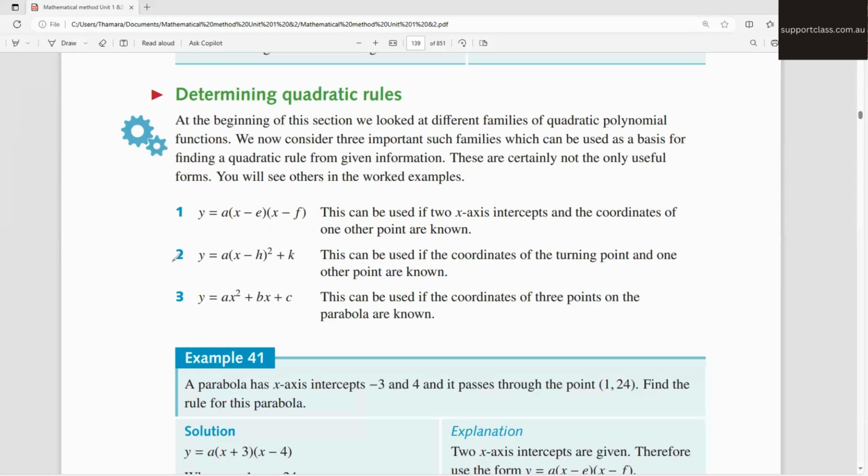Okay, this first type, the null factor theorem style.